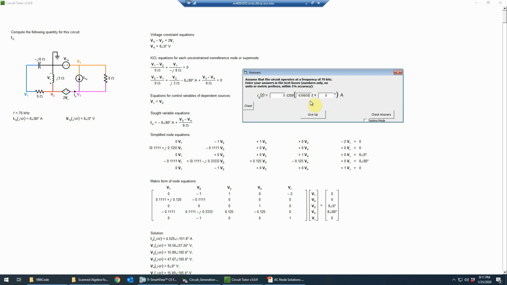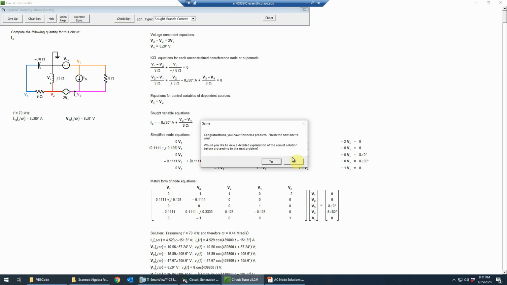It would give you a format error if you type that. It'll just tell you that that's not accepted. It has to be a numeric value. Okay, and then since we're looking for I naught here, we use this value, so that's 4.529. And then for the phase angle, that's negative 151.8. And again, the phasor magnitude is the magnitude of the cosine, and the phasor angle is the angle. So we check that, and that is correct.